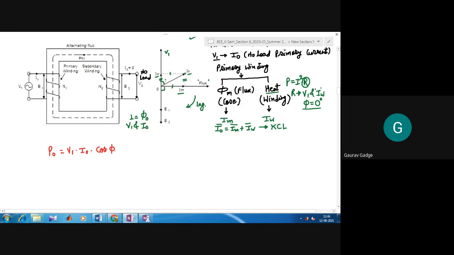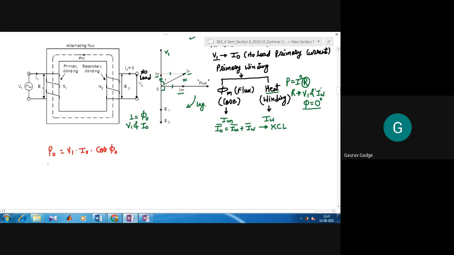So in short, we just wrote the power equation for this no load transformer. Okay. So P naught is indicating the power under no load, V1 the supply voltage on primary side, I naught the no load primary current, and phi naught is the phase angle between V1 and I naught. So from that we are getting this particular equation, P naught equal to V1 I naught cos of phi naught. Okay, so this is the equation.